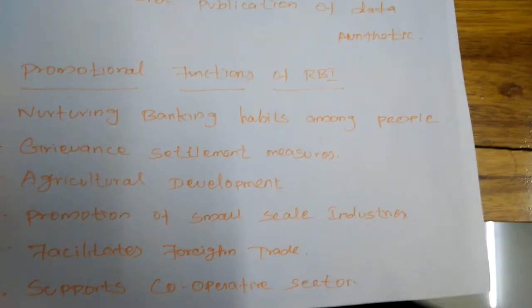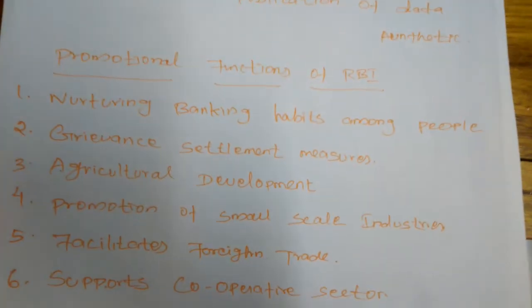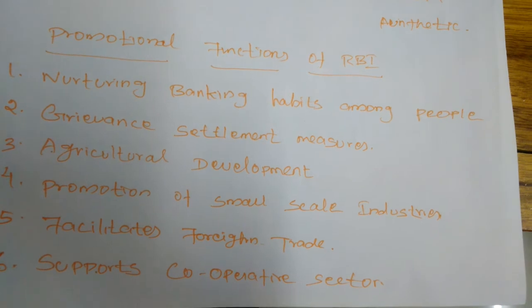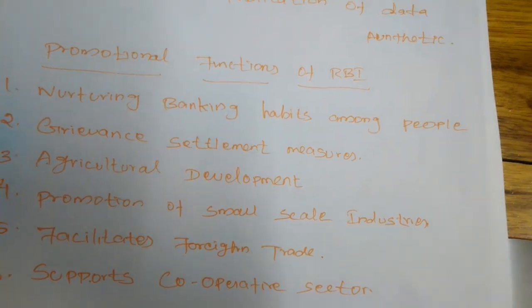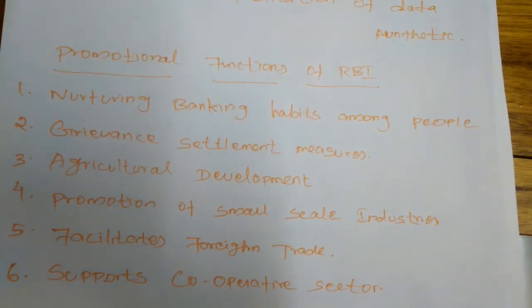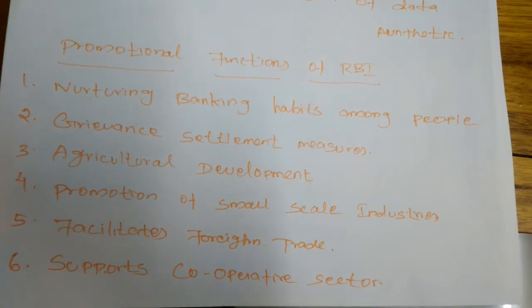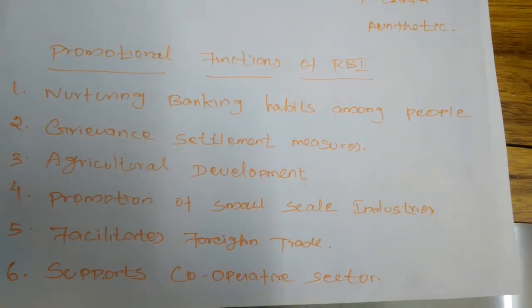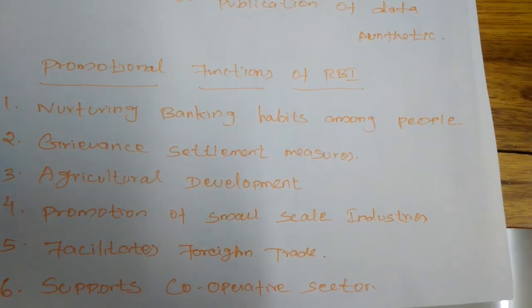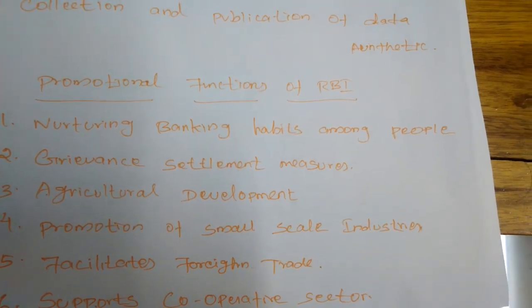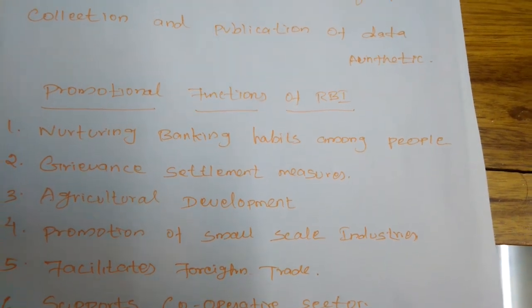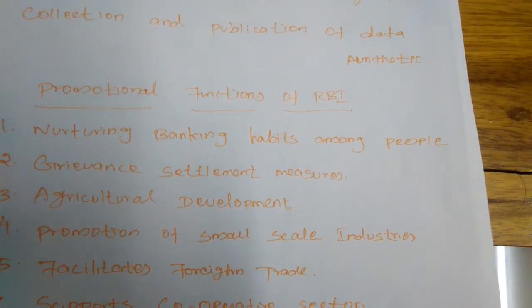So when the Reserve Bank of India introduced different types of deposits, different methods of deposit and loan facilities, and provided a high rate of interest for public deposits, all the people have the interest to save money in their bank.